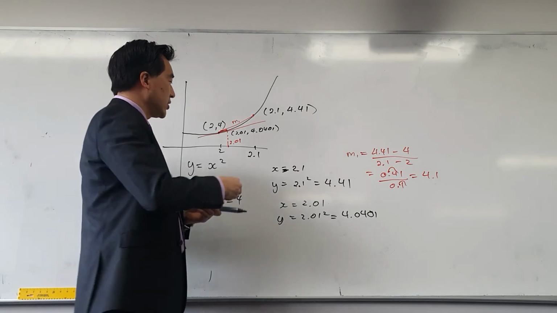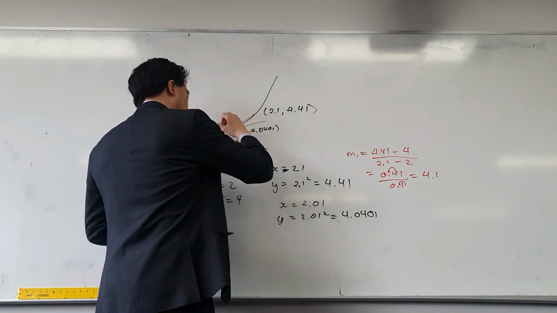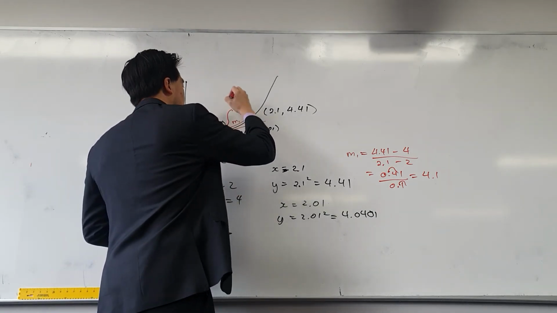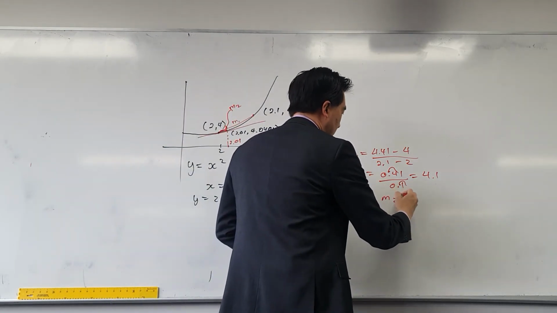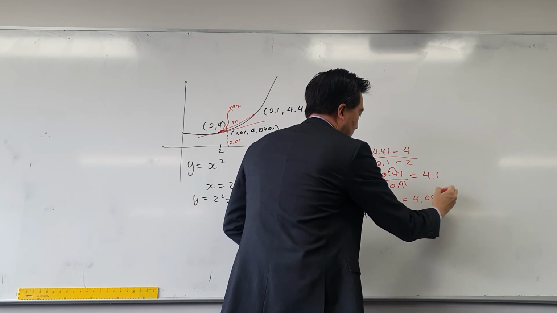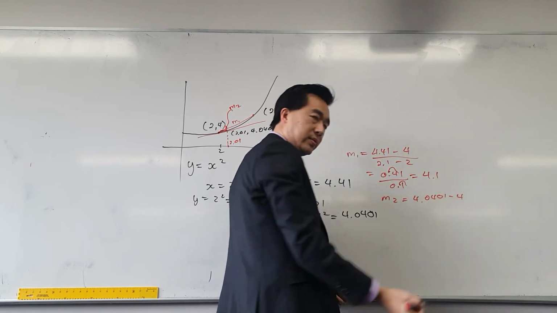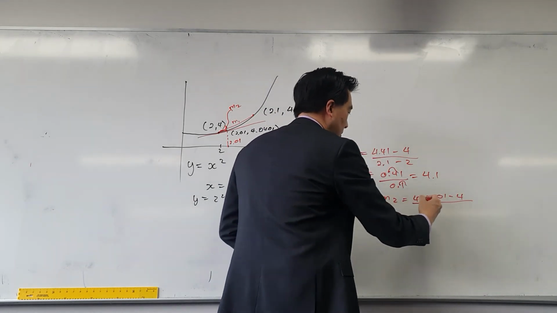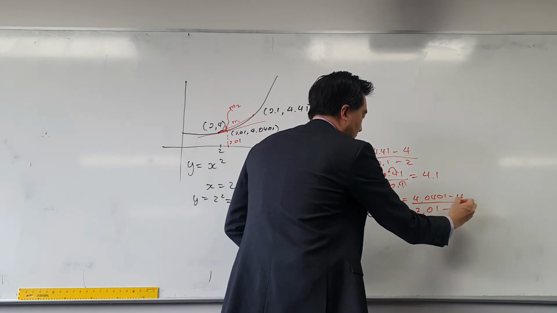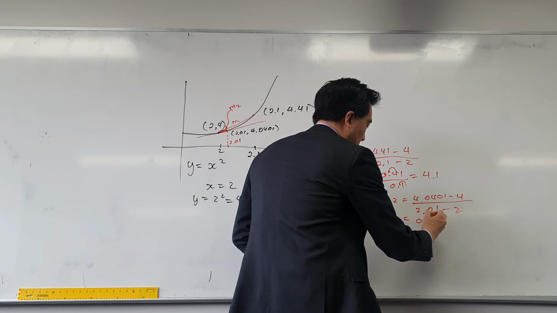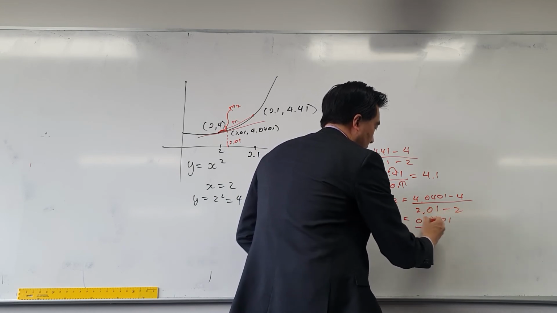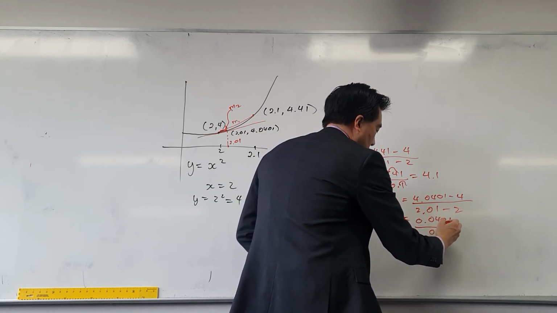Then you do the gradient formula again. Right? And we'll call this one M2. Right? So our M2 is 4.0401 minus the original 4 over 2.01 minus the original 2. So we get 0.0401 over 0.01.